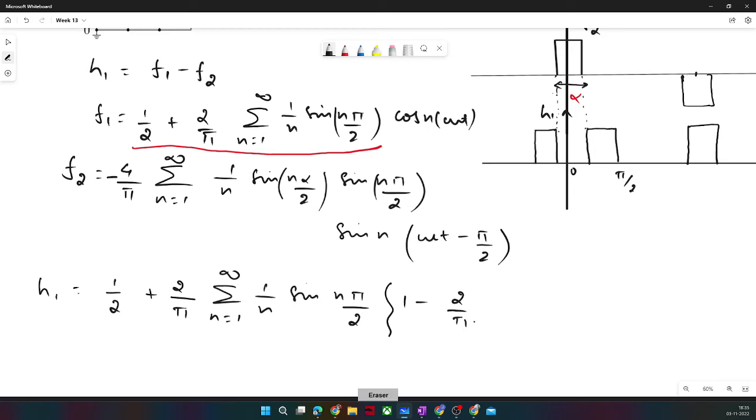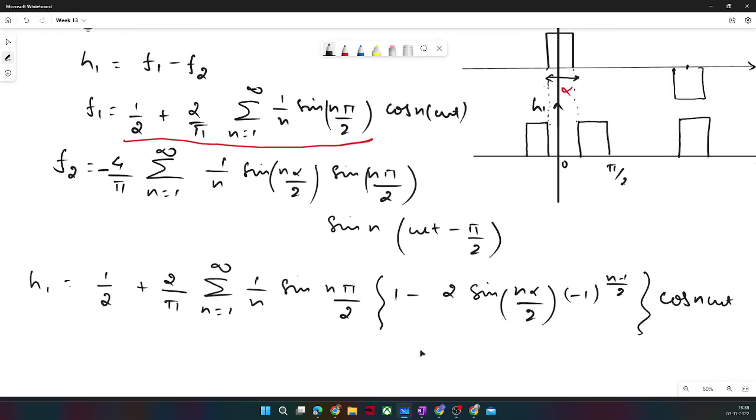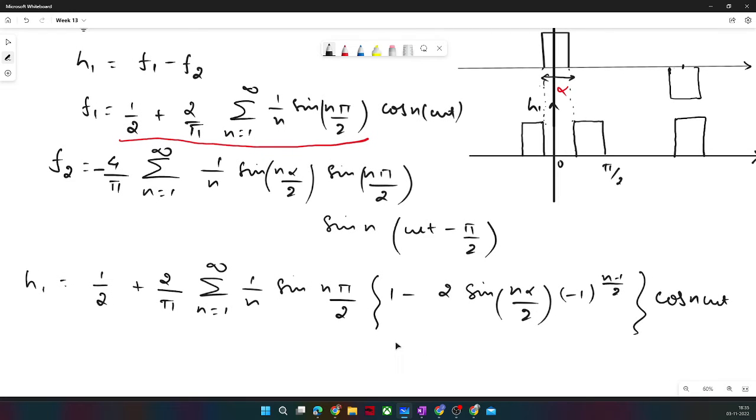Okay, pi we have taken already common outside. So 2 sine n alpha by 2 minus 1 raised to power n minus 1 by 2 into cos n omega t. You can just verify the calculation at your end.